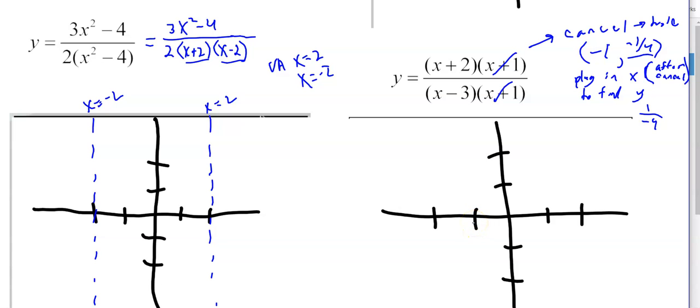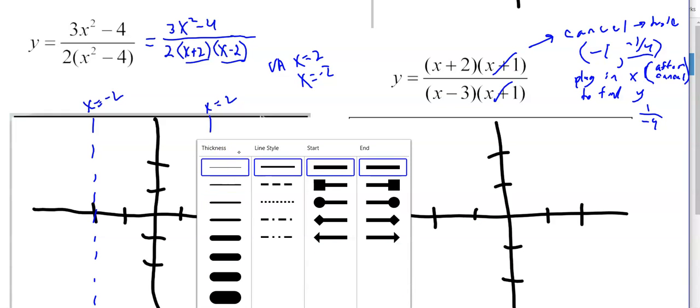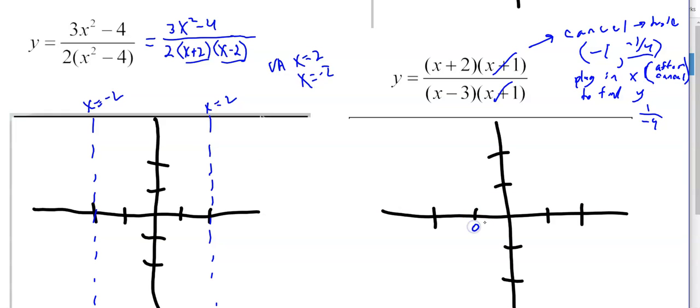So let me get that out of the way so you can see what I'm trying to draw here. So -1, -1/4. There's a little tiny hole in the graph, so I drew kind of an open circle there at -1 comma -1/4. So that's going to be a hole in the graph. We'll get to that in just a minute as far as what it looks like when you actually graph it.